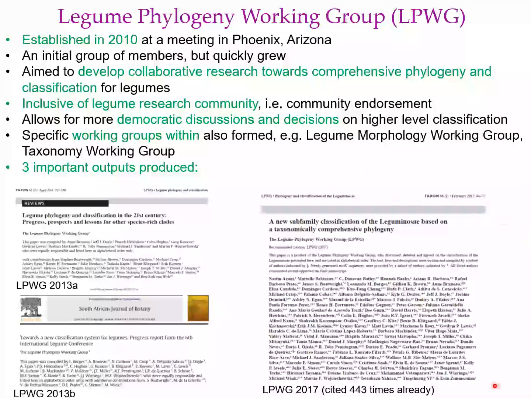And this paper is widely taken up in literature and in use, and you can see this by the fact that it has been cited in other research papers 443 times already since 2017.